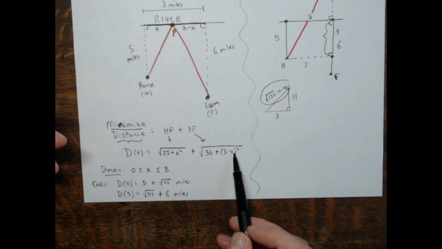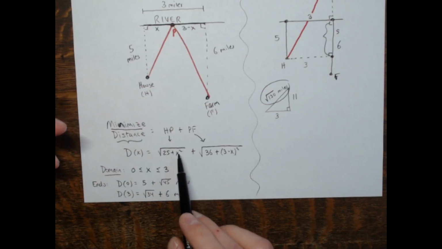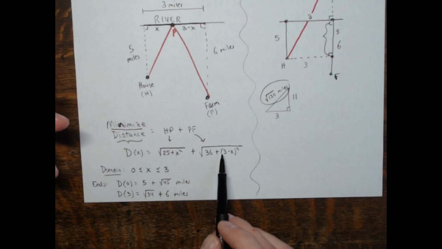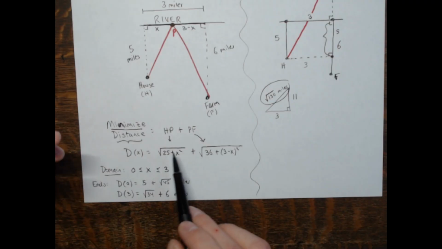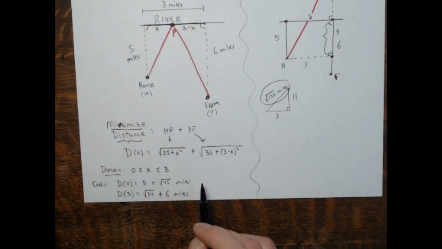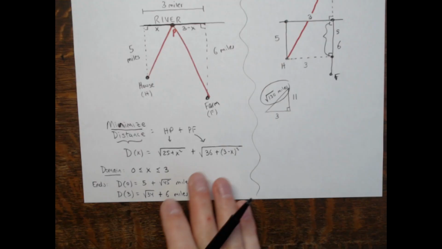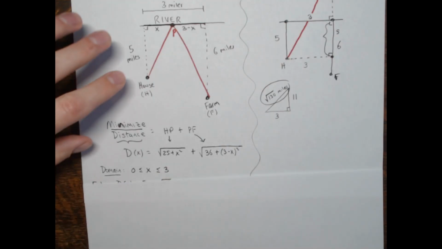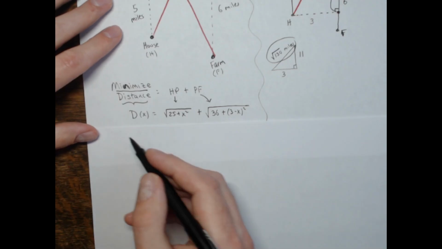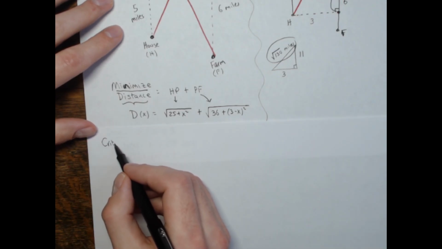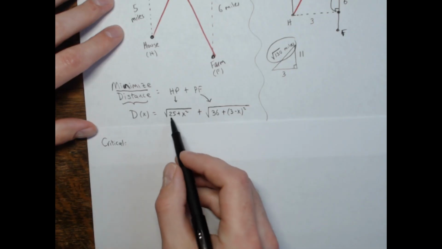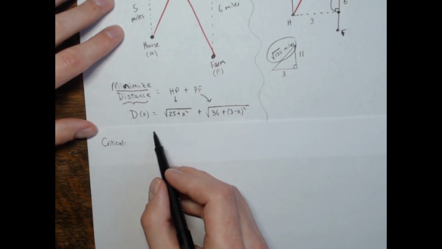This is a non-negative quantity. So instead of minimizing these, you could talk about minimizing the sum of their squares, and then be working with a polynomial instead of roots like this. But we can keep it this way. All right, so I'm going to try to find critical points, leaving it the way it is.